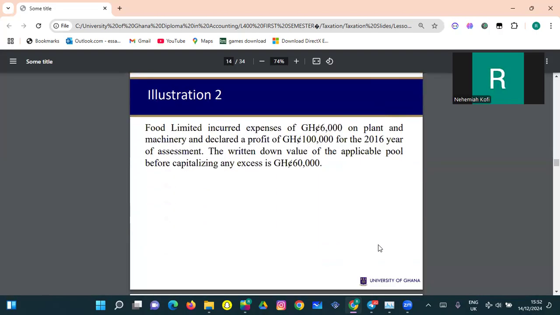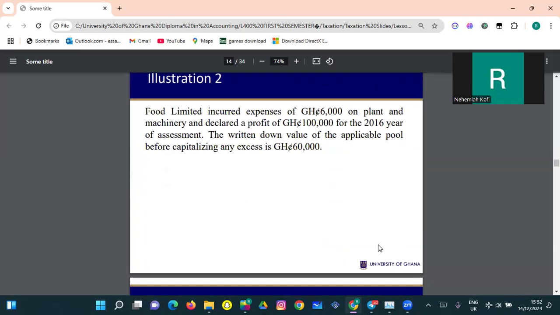So this is another example. Food Limited incurred expenses of 6,000 on plant and machinery and declared a profit of 100,000 for the 2016 year of assessment. The written down value of the applicable pool before capitalizing any excess is 60,000. So what are we going to do here?